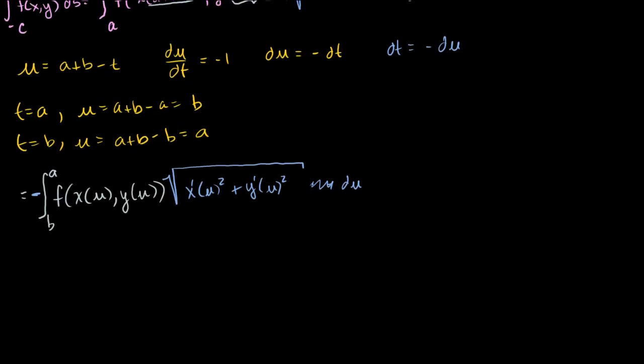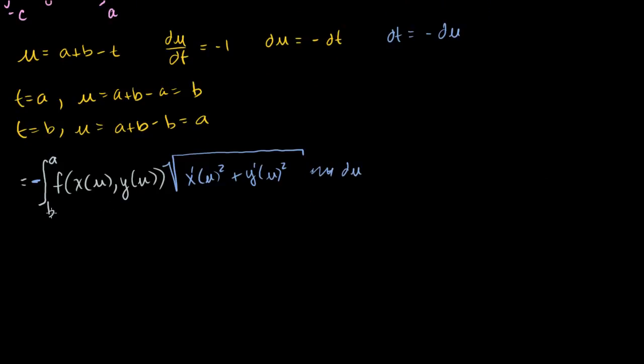And just to make the boundaries of integration make a little more sense, because we know that a is less than b, let's swap them. I said at the beginning of this video, if you have a standard, regular integral from b to a of f of u du, this is equal to the minus of the integral from a to b of f of u du.